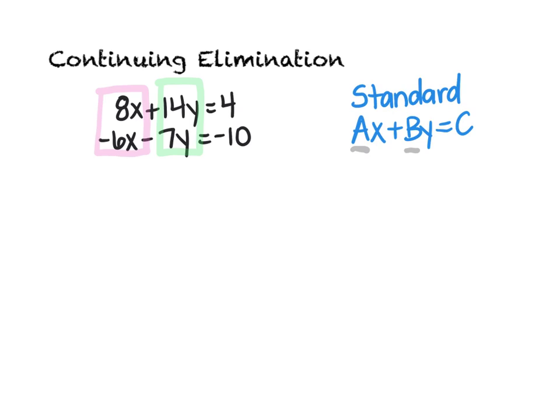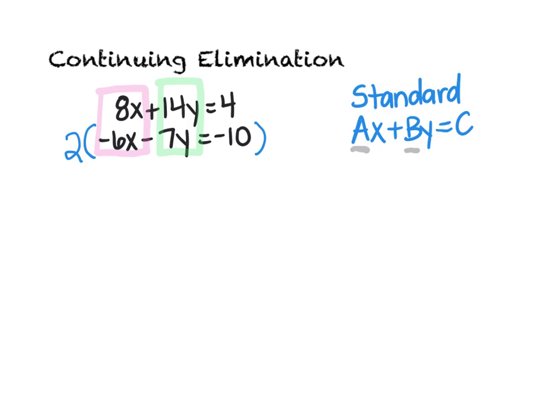So 14 and 7 are going to be much easier to take 7 and turn that into 14. So how would we turn 7 into 14? We would take the entire second equation and multiply that equation by 2. Again, we're multiplying it by 2 because we want to turn 7 into 14.